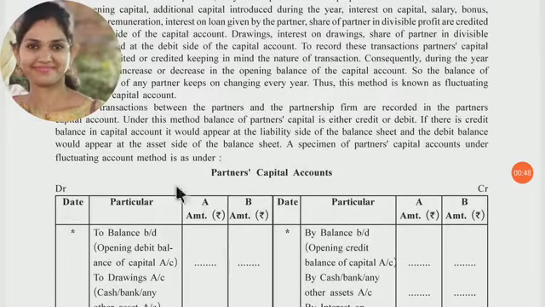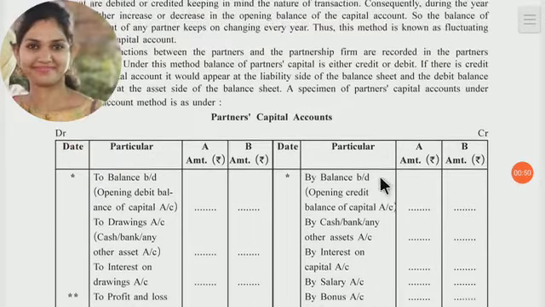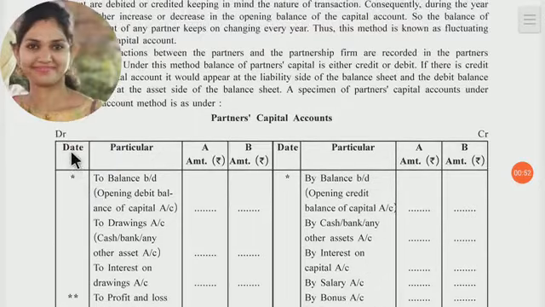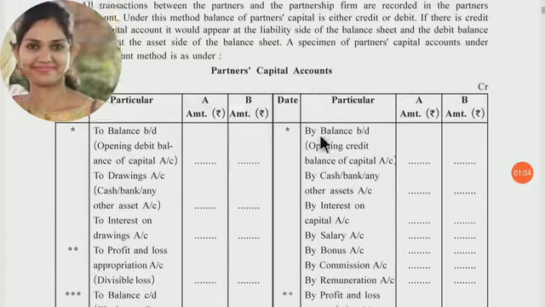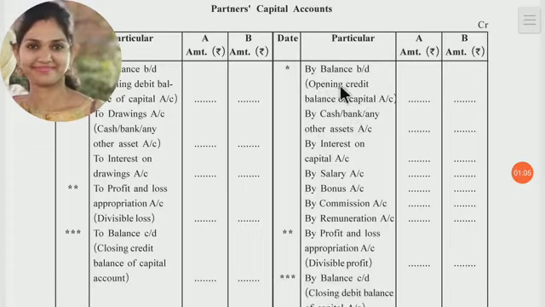The specimen of the partner's capital account is here: date, particulars, partner A, partner B on the debit side, and date, particulars, partner A, partner B on the credit side. The balance of a capital account is a credit balance, so we write the opening credit balance on the credit side.